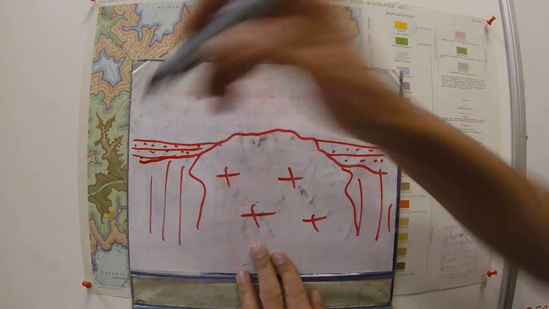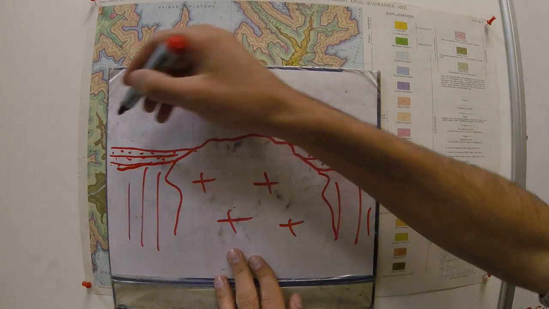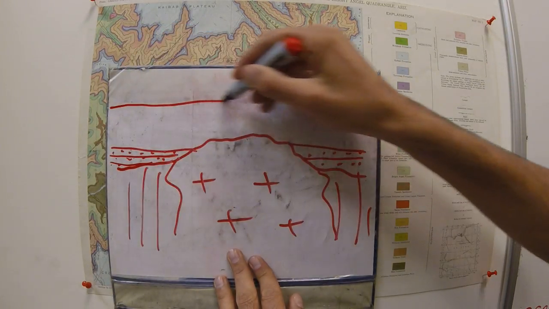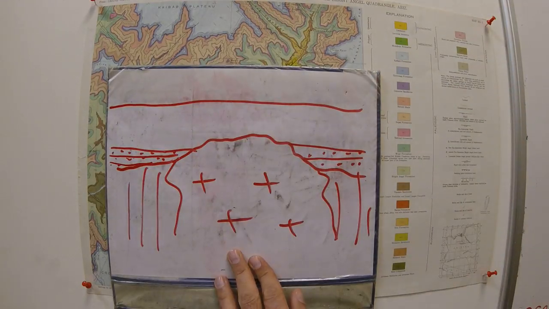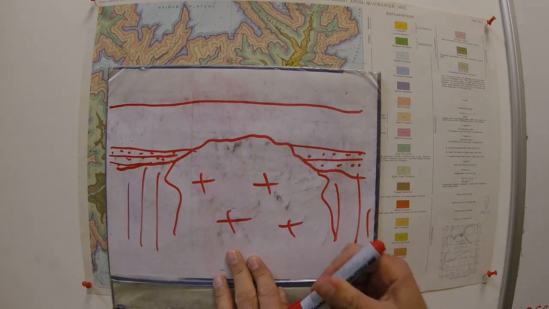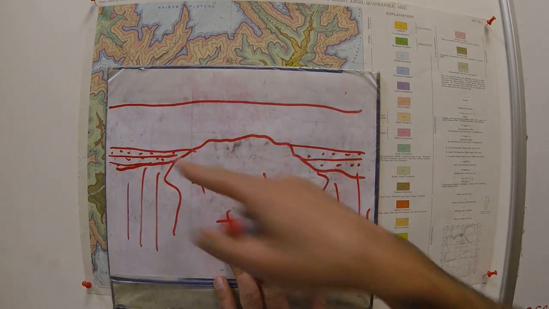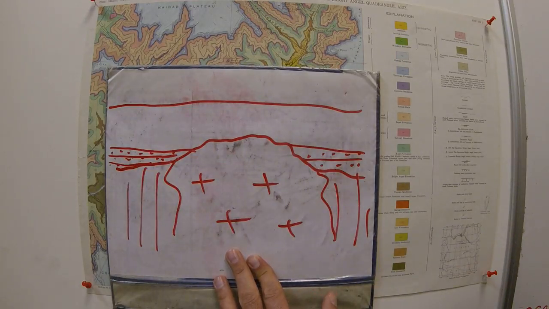And then the next formation, the Bright Angel Formation, was deposited before the tappet sandstone could completely cover the landscape. So in places the Bright Angel Formation is directly on the basement, and in some places it has the tappet sandstone in between.